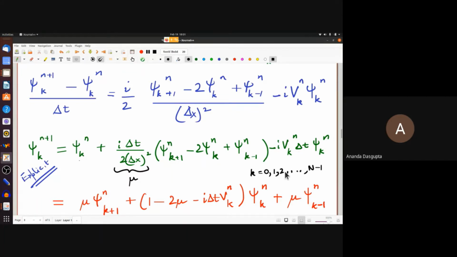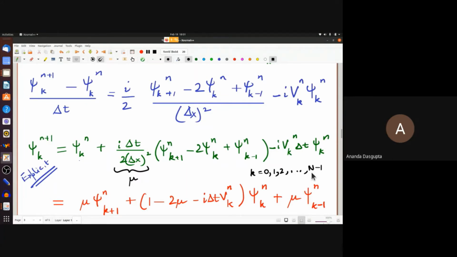For each of the k values, I can actually use this equation, except for the two points at the two ends. Because for k equal to 0, if I try using this equation, I would need psi n minus 1, which I can't figure out. There is no minus 1 here.